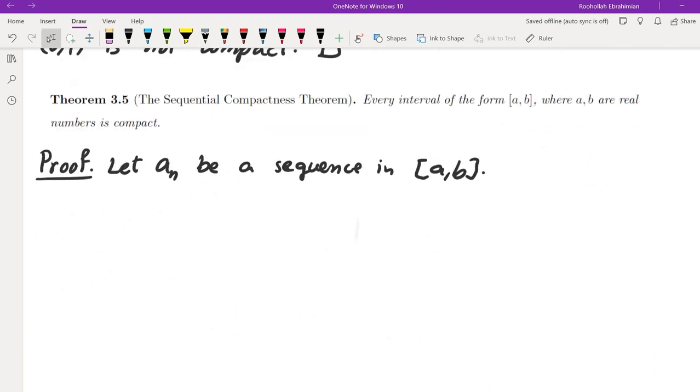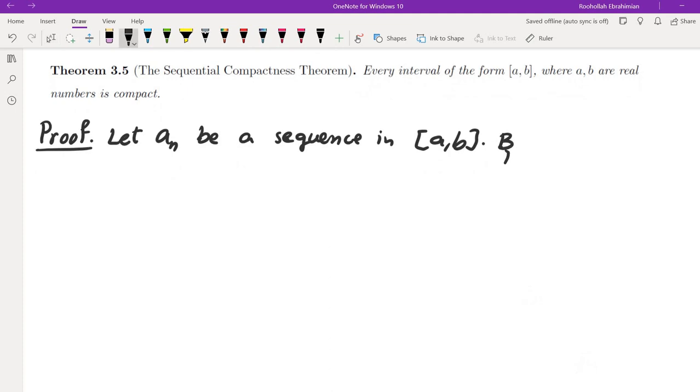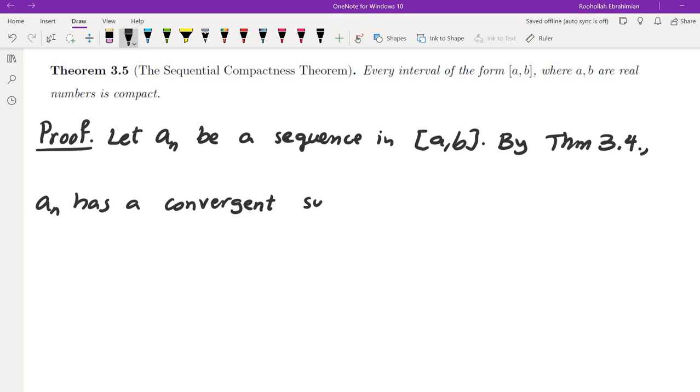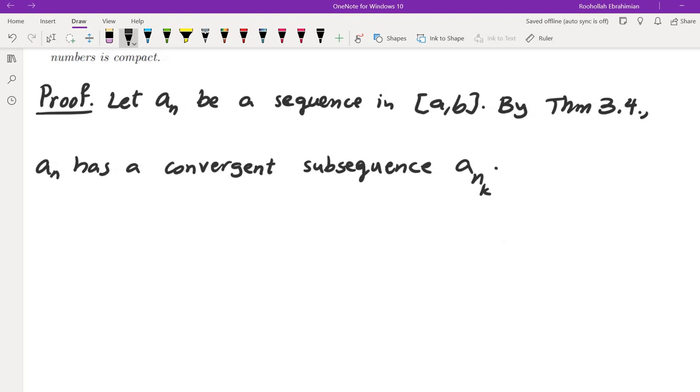So by theorem 3.4, a_n has a convergent subsequence a_{n_k}.